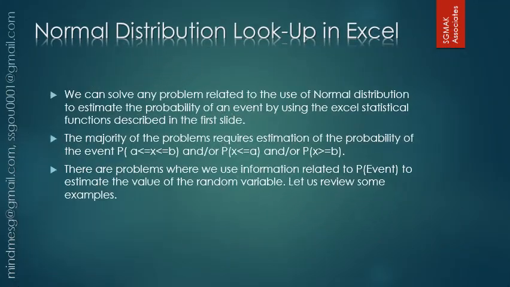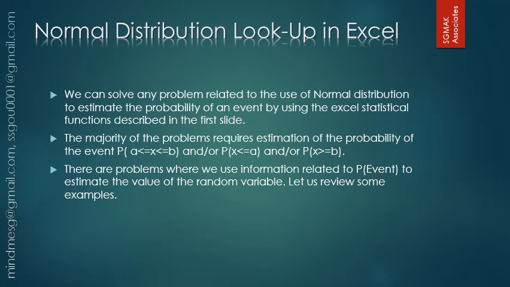Okay, let's look at the next slide. We can solve any problem related to the use of normal distribution to estimate the probability of an event. Most probability problems involve finding the probability of an event. So if you're dealing with a normal distribution and want to find the probability of an event, you can use those four statistical functions very easily.